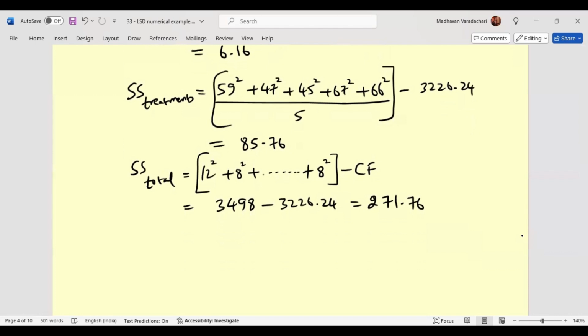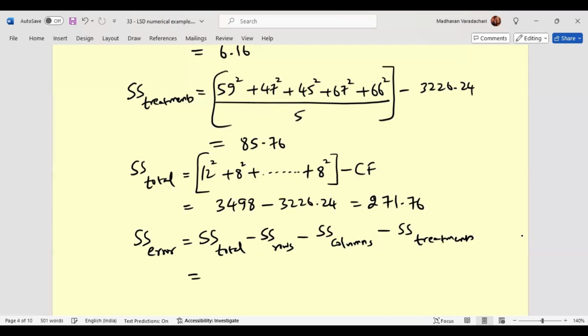Now we need to find out the sum of squares of error. That is sum of squares of total minus sum of squares of rows minus sum of squares of columns minus sum of squares of treatments.